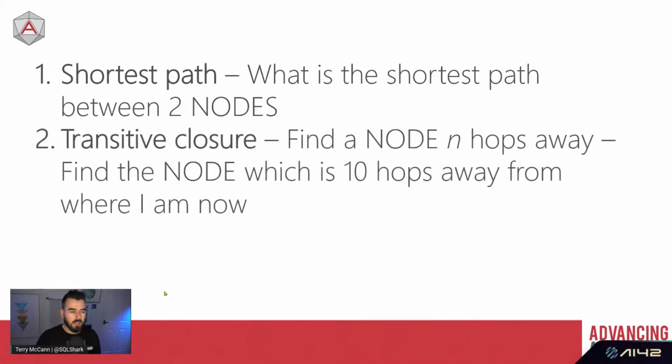It might be transitive closure, which is trying to say, starting here, I want to find all of the people that are n hops away from me. LinkedIn's a great example of a network graph. If you look at connections, you can scroll and it will say these people are recommended suggestions, because we look at your first degree connections and we look at the secondary connections that are most likely to be relevant to you.